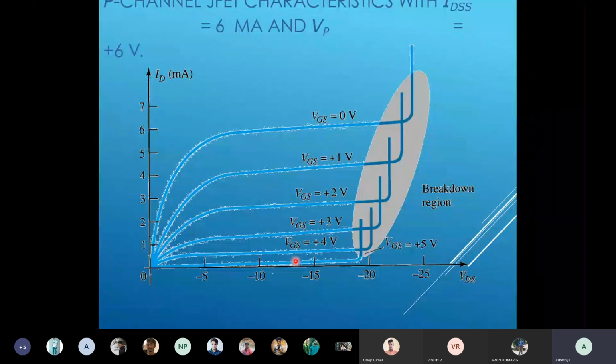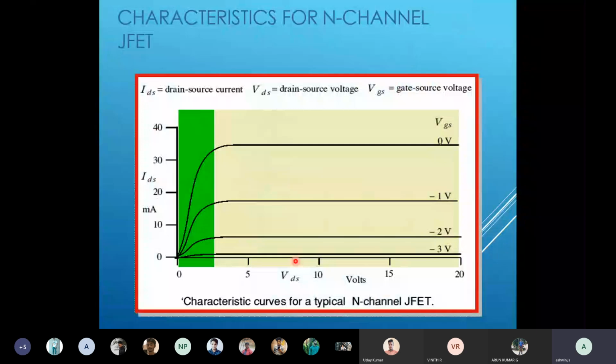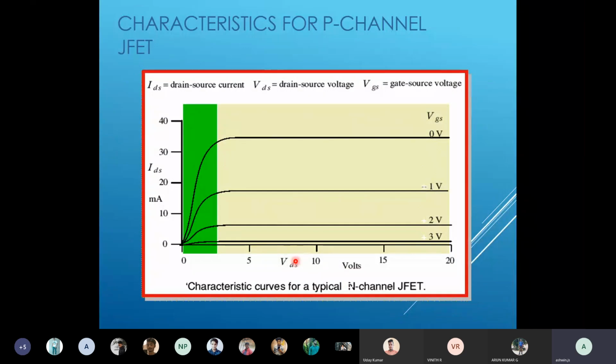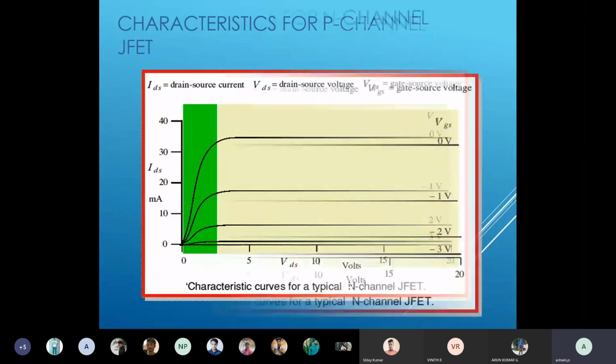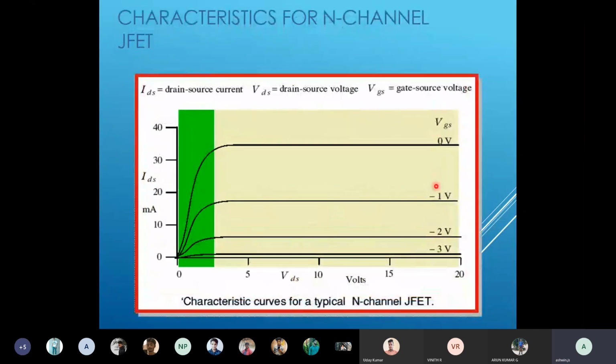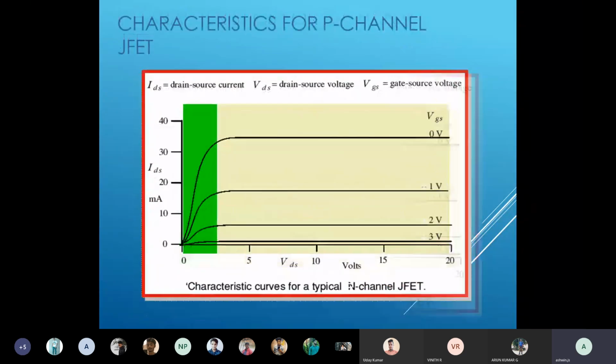So it is quite opposite to the N channel. This is the characteristics for the N channel, and this is for the P channel, so they are just comparing. 0, -1, -2, -3 negative voltages I am giving for the N channel, and positive voltages +1, +2, +3 I am giving for the P channel.